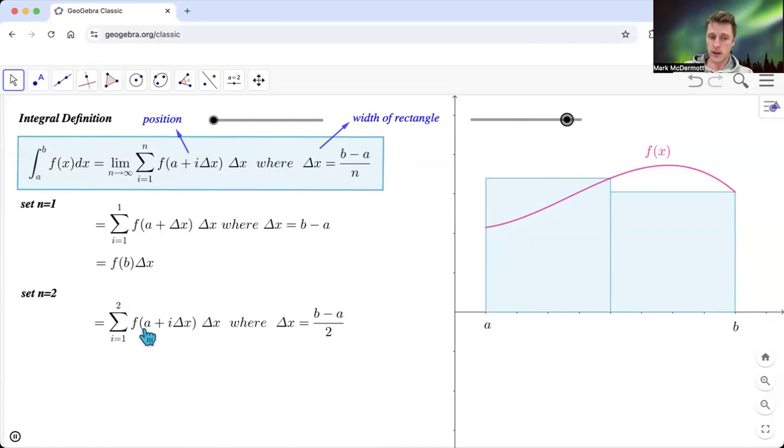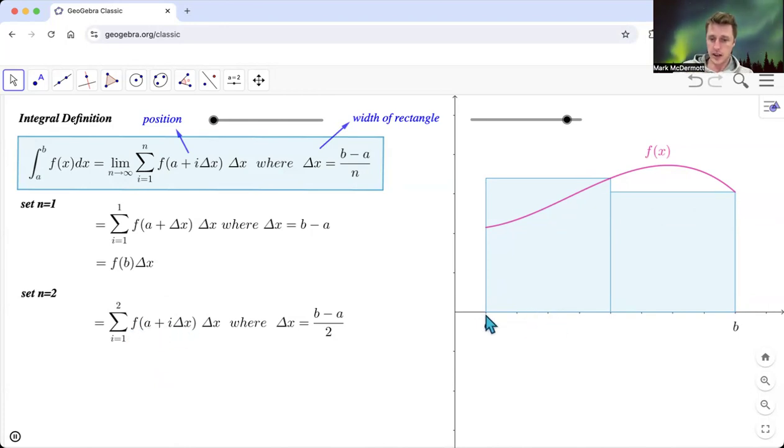Okay, and then this is where it gets a little bit tricky. You would agree we need to sum this rectangle with this rectangle, right? So what we need to do is take f of a plus i times delta x. Okay, again, this is the position.